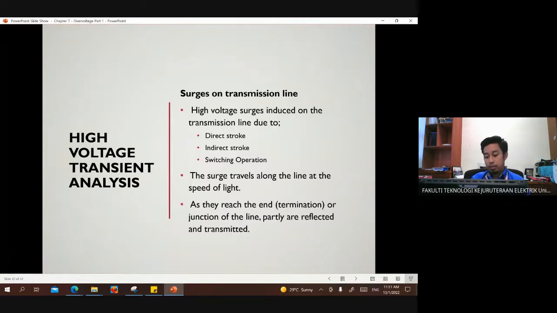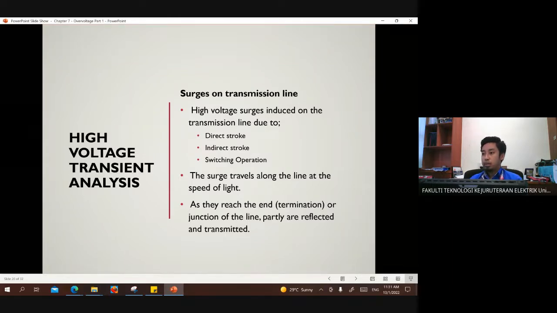As they reach the end termination or the junction, the surge is partly reflected and partly transmitted. So in our line system, not only the line, maybe the line will join with a cable, and then the cable will join to the transformer, or the line joins to the cable, and the cable joins back to the line.